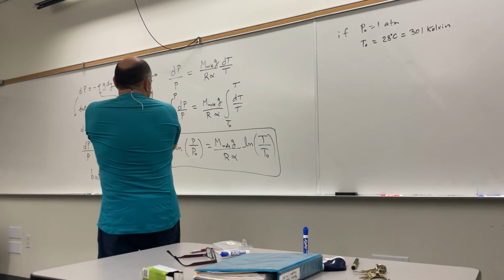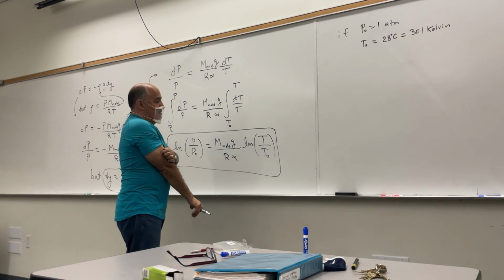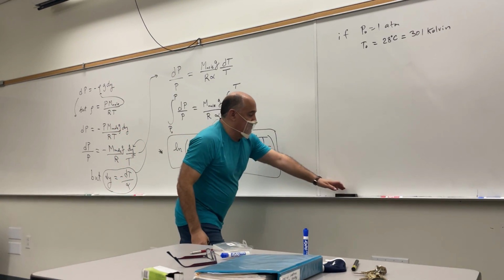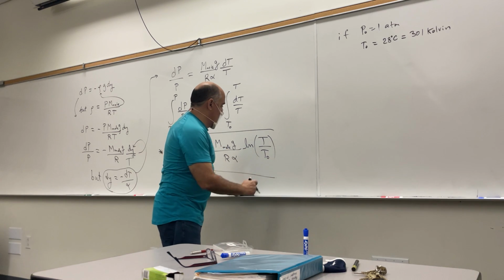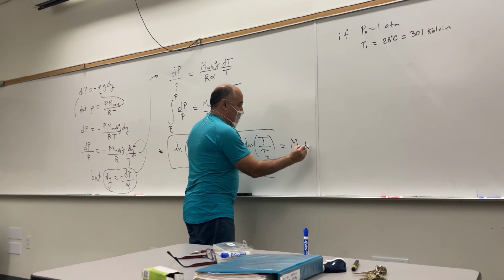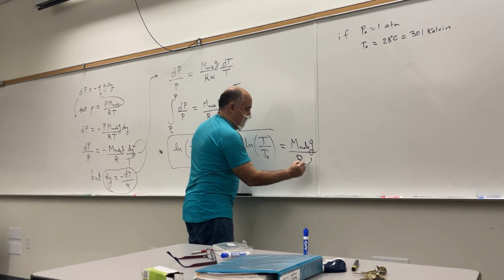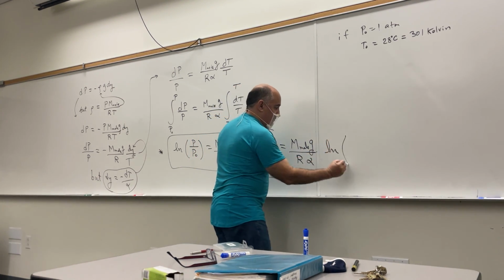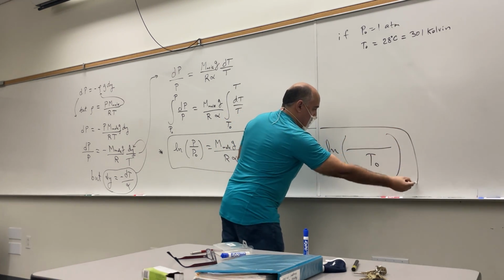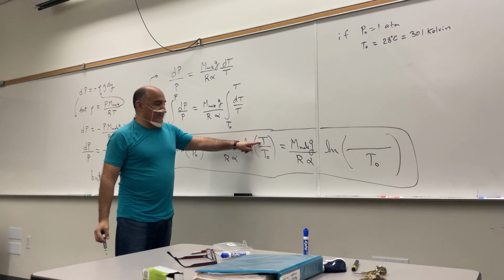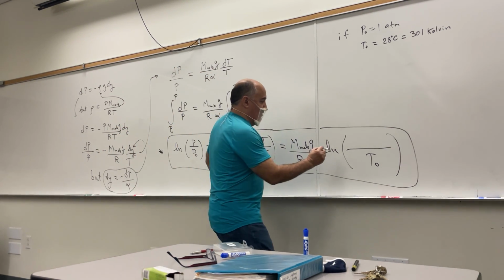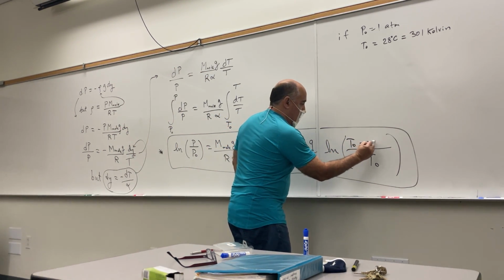What else? By the way, we could also do this. You could also write this as the mass of a mole times G over R alpha times the natural log of, but what is T? I can use equation number 1. It's T naught minus alpha y.